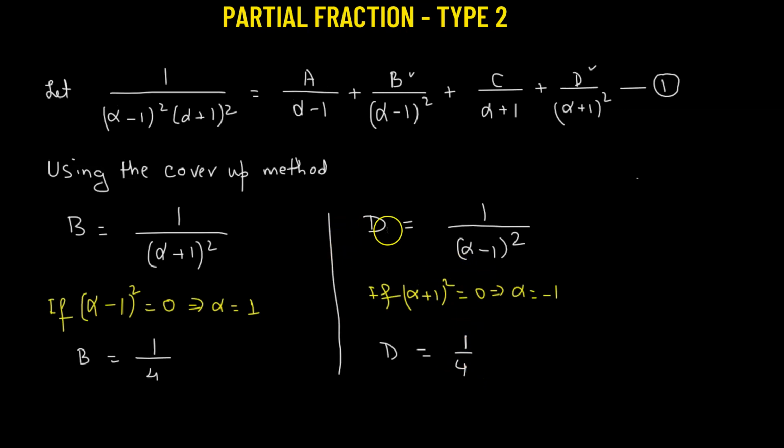Now that we have obtained the values of B and D, our goal will be to find the values of A and C. For that, we are going to take equation number 1 and multiply throughout with the denominator, which is (alpha minus 1) whole squared and (alpha plus 1) whole squared.